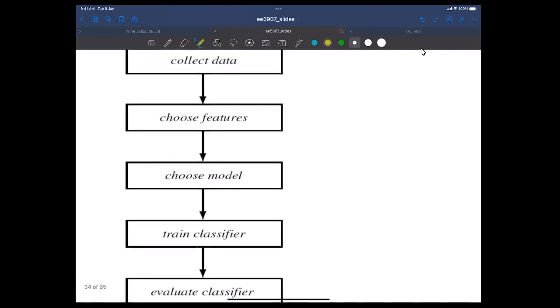And then after you choose the feature, you choose the model. The model is the one that I mentioned to you, whether it's a horizontal line, a straight line, or a polynomial function. All of these are models. You have to choose the model. Or in this case, you choose the polynomial function, the more general model, for the case of regression. It's not that regression has to be polynomial. Later on, you will learn basis functions.